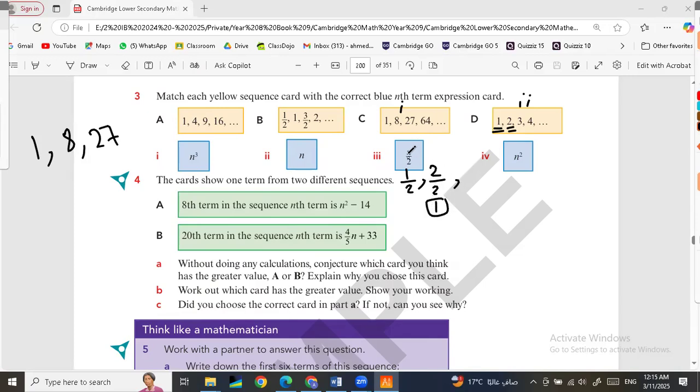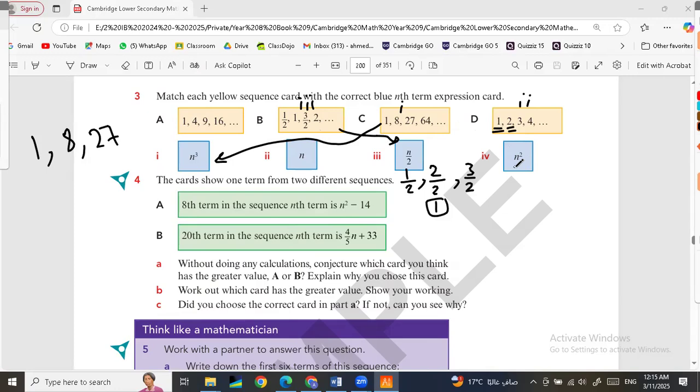Then the third term is 3 over 2, and so on. So I got a half, 1, 3 over 2. We're talking here about B with the third one there. This here is with the first, and this here is with the second.